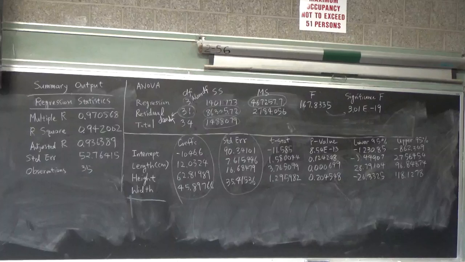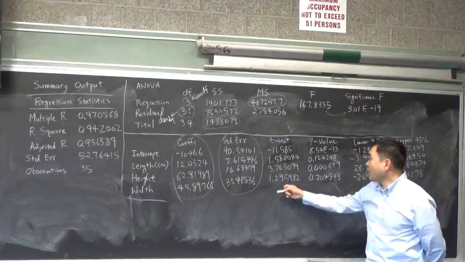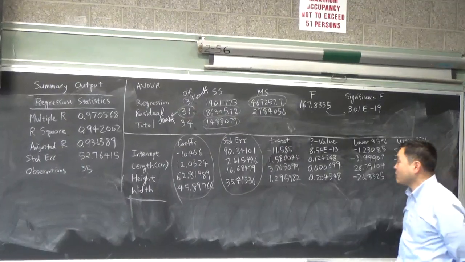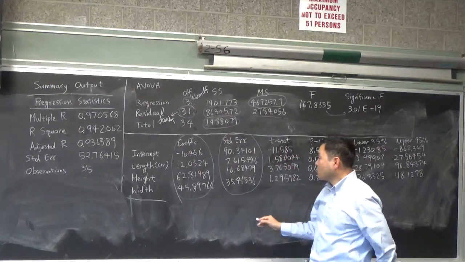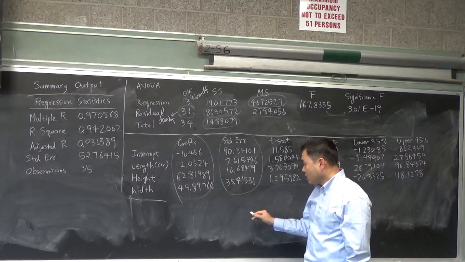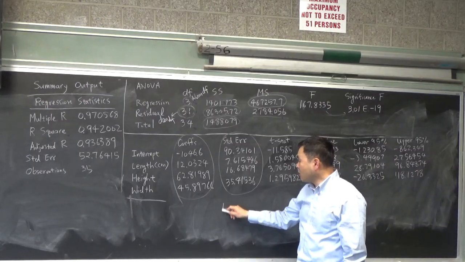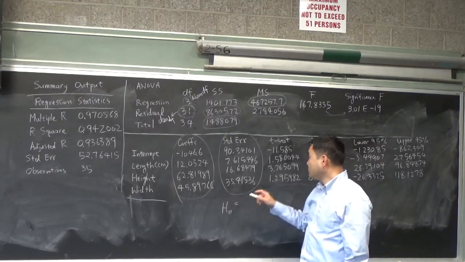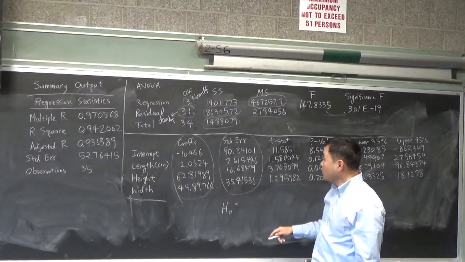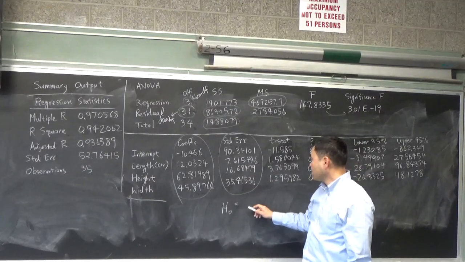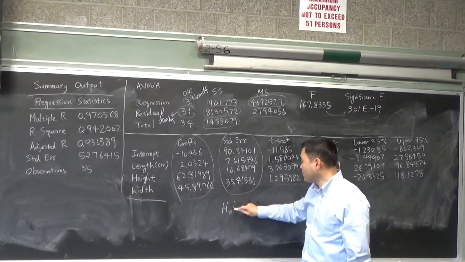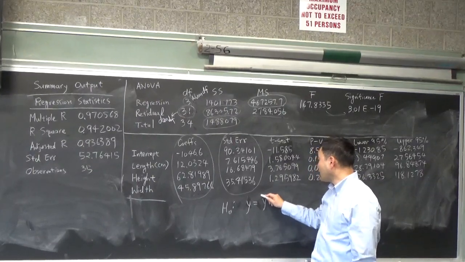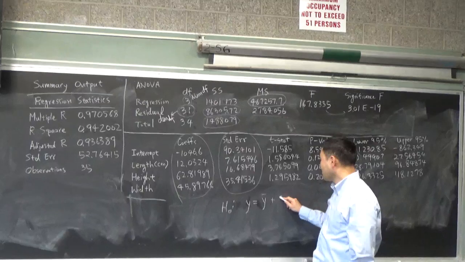All right, so then everything else you should be able to fill in, and the way you fill it in is first the t-stat. So what is the t-stat? Well, as we know, the null hypothesis is that y, the actual value is just some y bar plus some error part.